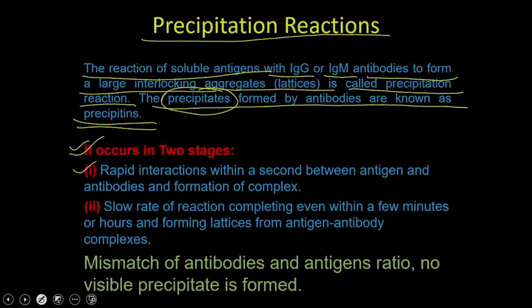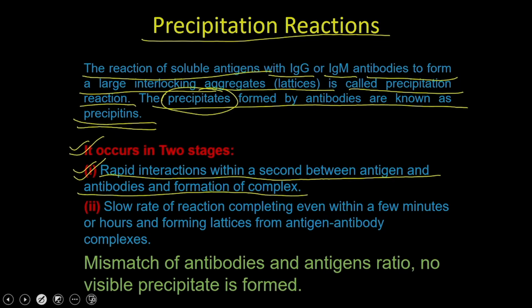In stage 1, it is a rapid reaction: as soon as you add the antibodies to the antigen, there is a rapid interaction within a second to form the antigen-antibody complex.